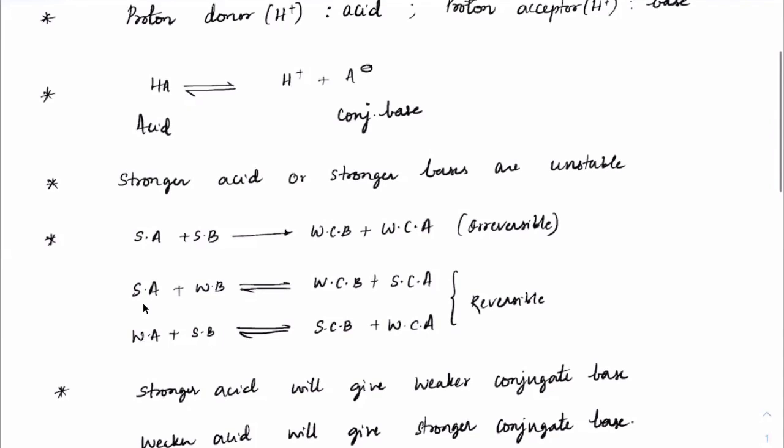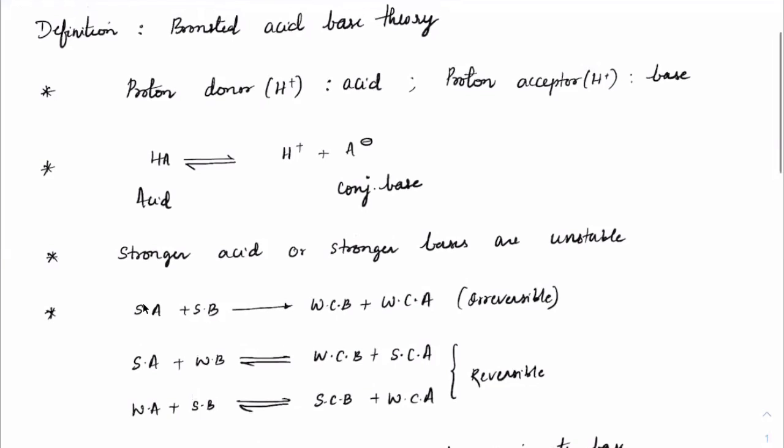In case you have a base, the stronger the base, the weaker its conjugate acid would be, and the weaker the base, the stronger its conjugate acid would be. These are some simple terms you must know before starting with the acidic strength analysis.